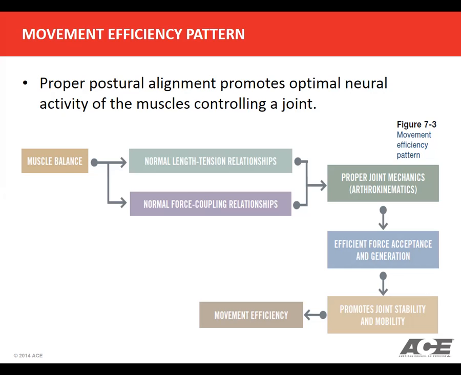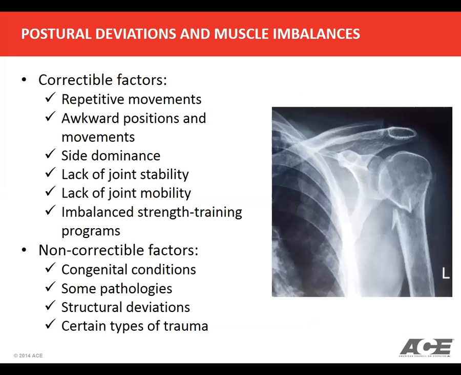Again, it promotes joint stability and mobility and will lead to efficient movements. And again, just because everything's aligned doesn't mean you're going to have efficient movements. You have to learn efficient movements, right? There are folks that probably take very good care of themselves, but skill-wise, they just have poor mechanical abilities because they're not taught how to do it correctly, right?